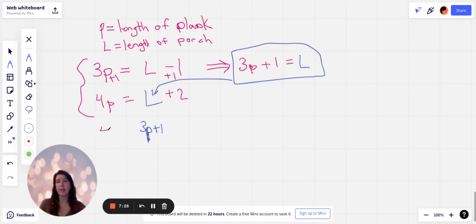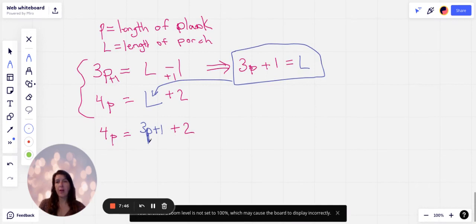I'm just going to keep that like that. So all I did was I replaced L in blue with what we solved for L in the first equation.